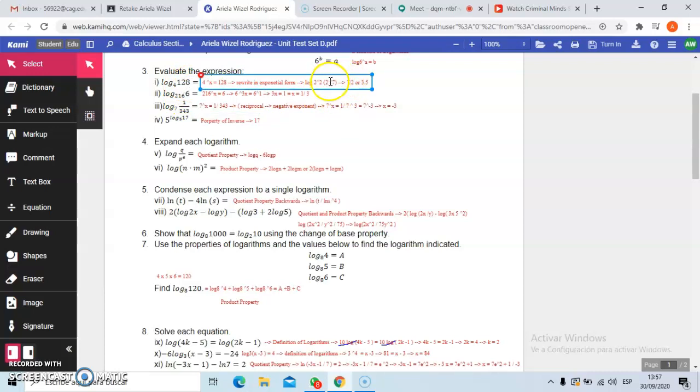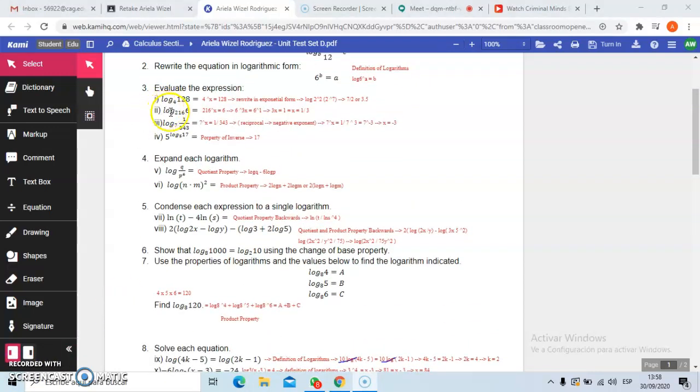And then the log base 2, the exponents of both of them give me my answer, which are 7 and 2. 7 over 2, or 3.5, stands for x.